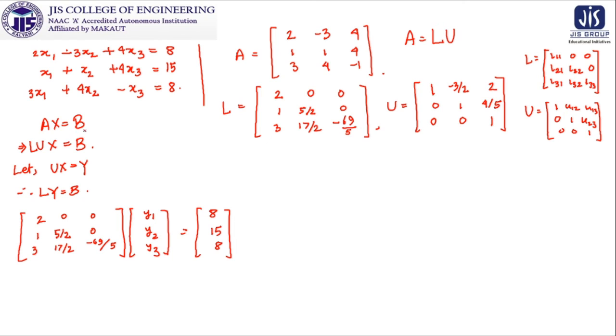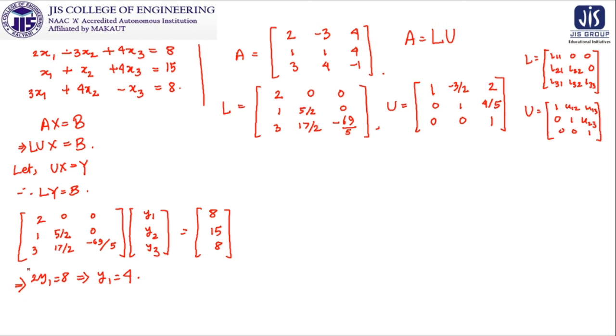Here, as we have distributed this into lower and upper triangular matrices, just by looking at the system we can find the values, because we can write 2 into y1 plus 0 into y2 plus 0 into y3 equal to 8, which gives 2y1 equal to 8, so y1 is equal to 4.